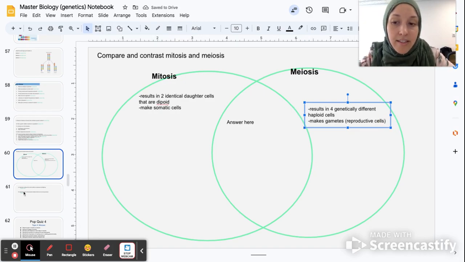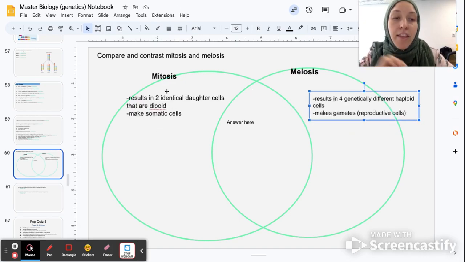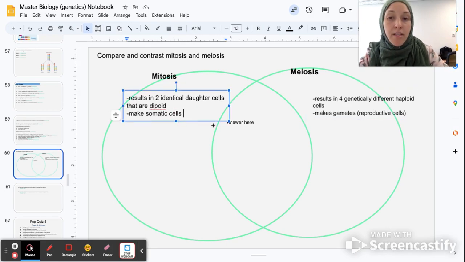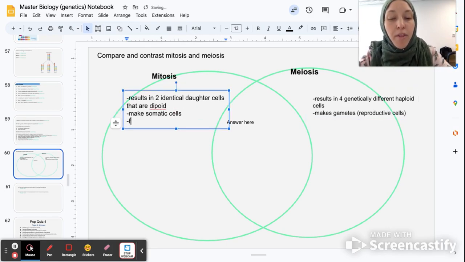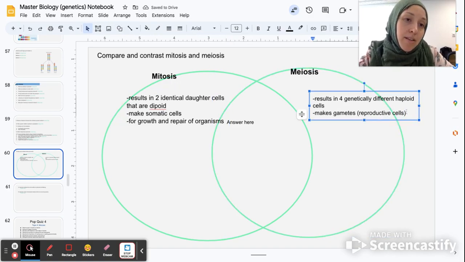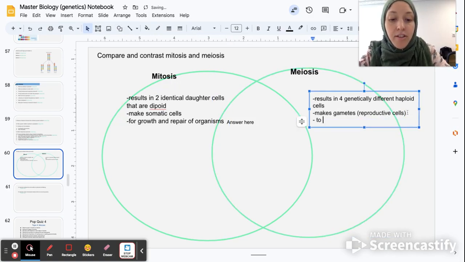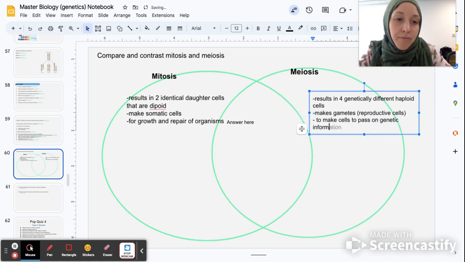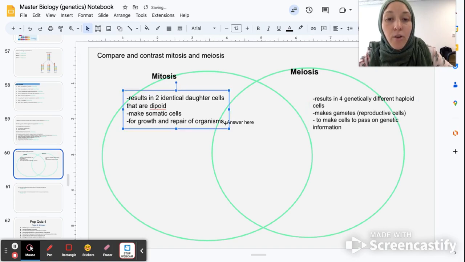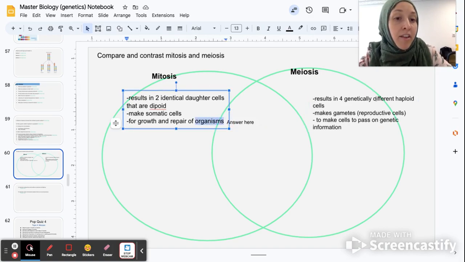Let me just make the font size a little larger. The function of mitosis is for growth and repair. And meiosis, its goal is to make gametes, to make reproductive cells, to make cells to pass on genetic information. In mitosis, my daughter cells are identical to each other.